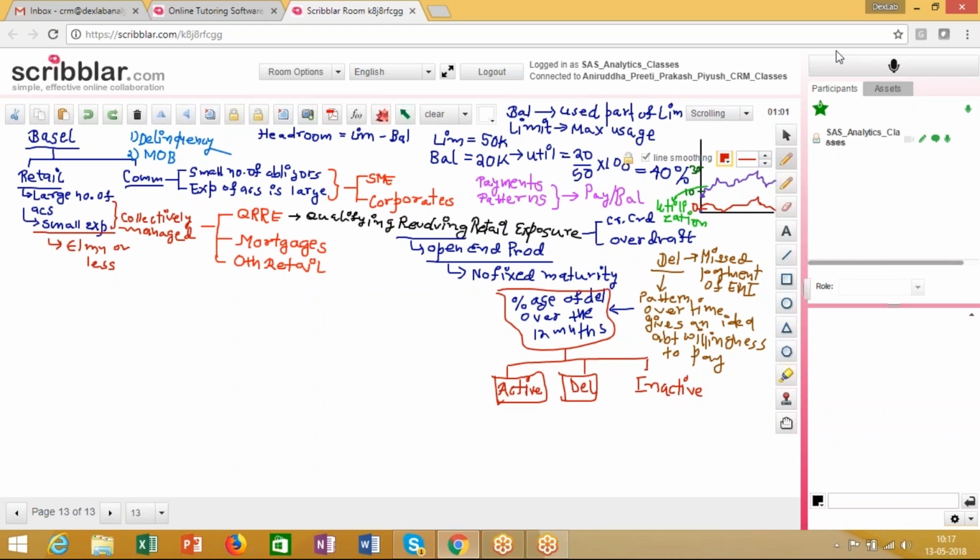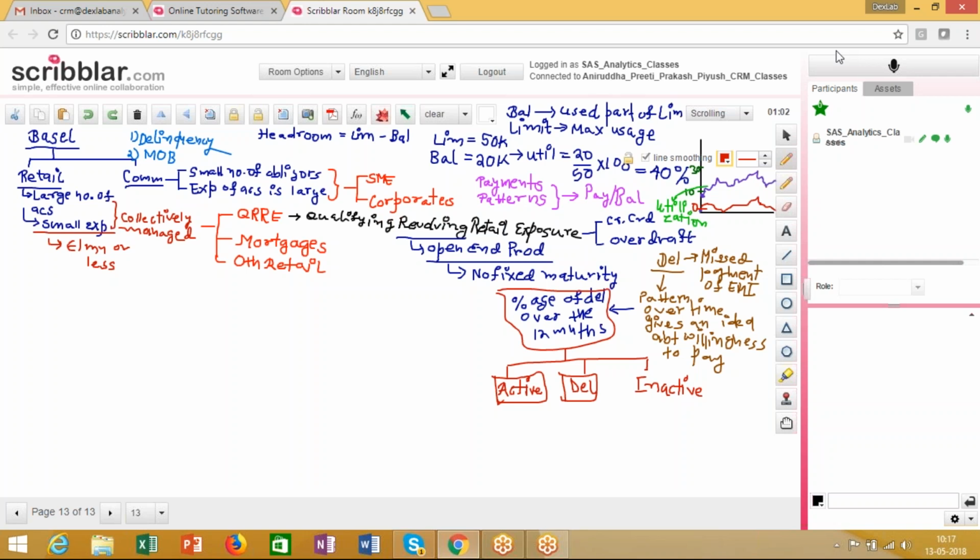Say for example, one of the very important ones: I can check how many months consecutively a guy has been in delinquency, or for how many consecutive cycles a guy has been in delinquency over a point of time.